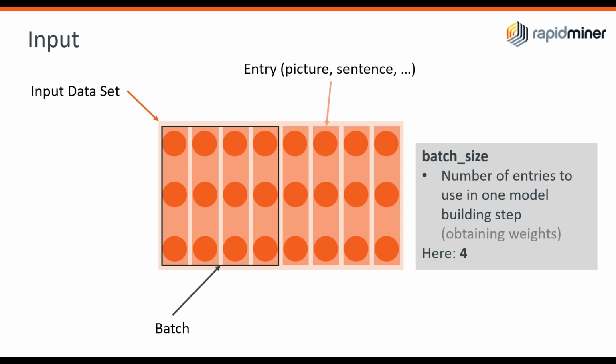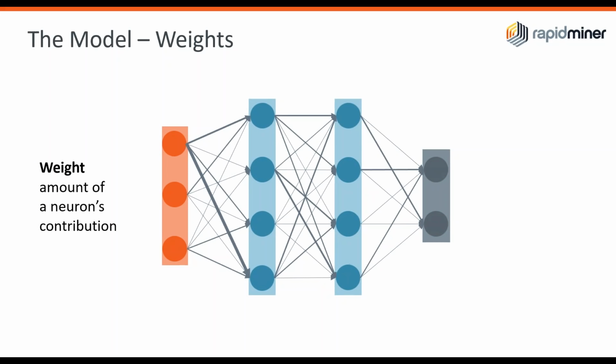Okay, so going forward, we need to understand what a weight is. We've seen these connections before, and they are called weights. This is because they define the portion of a previous neuron's information that we are going to use for the next neuron.